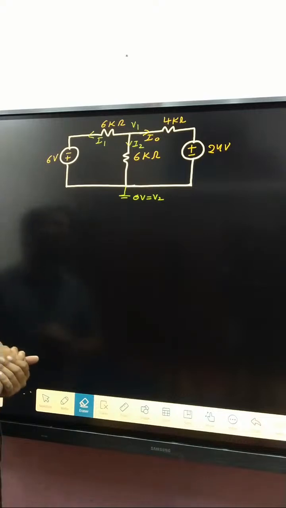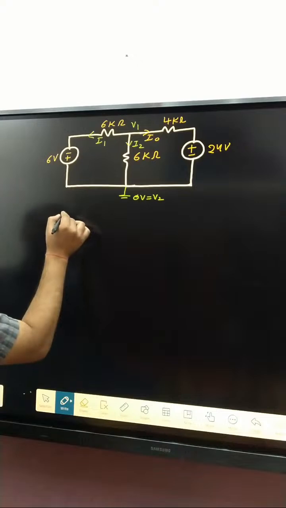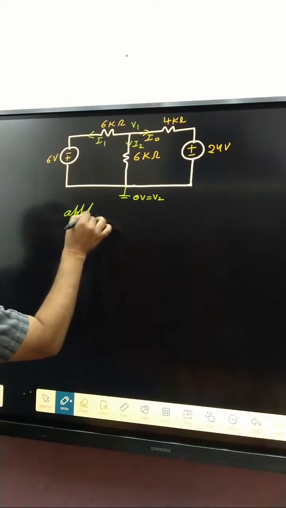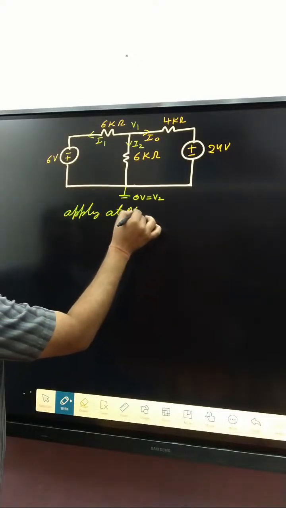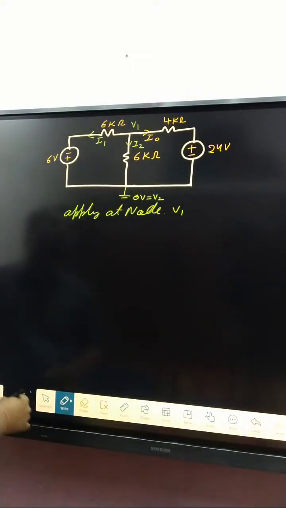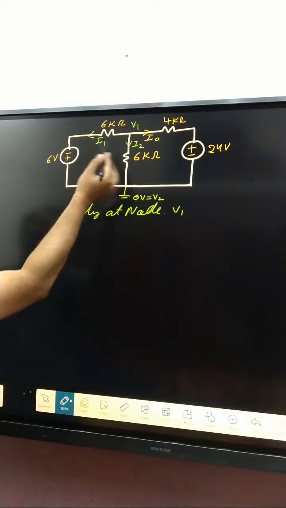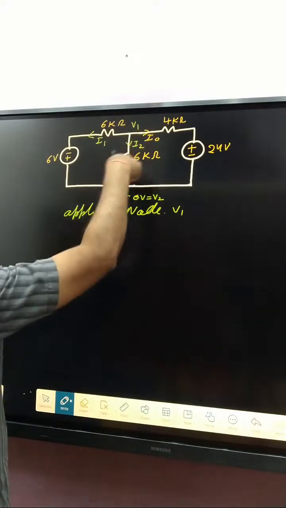After that, apply KCL at node V1. At this node, which currents are incoming or outgoing? This one, this one, this one.